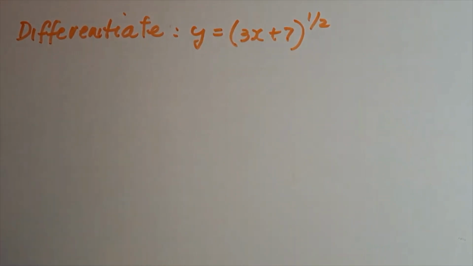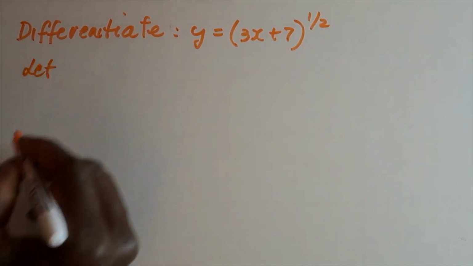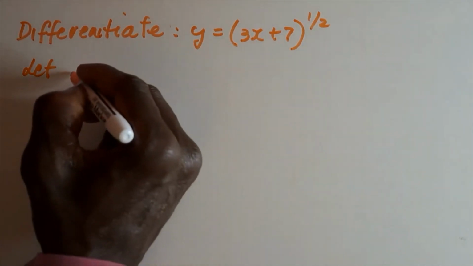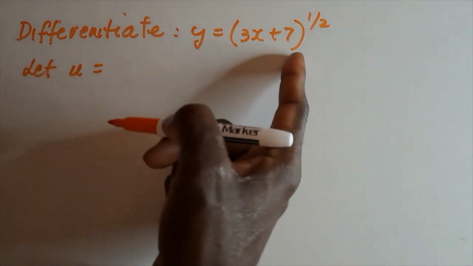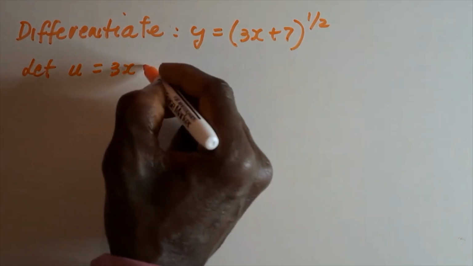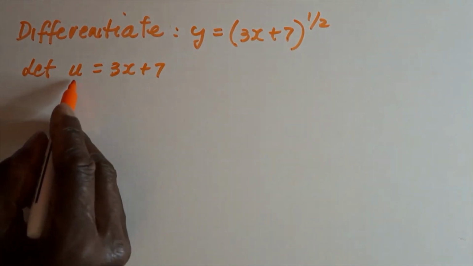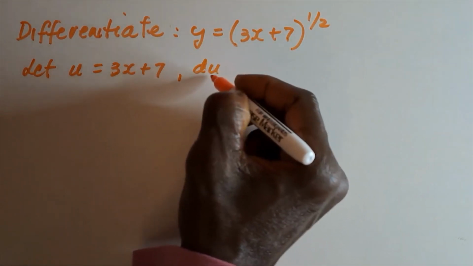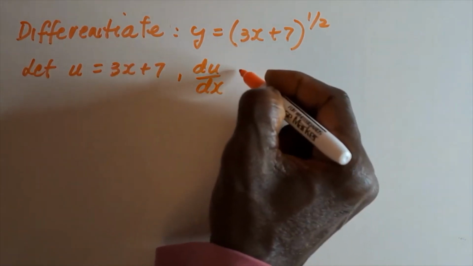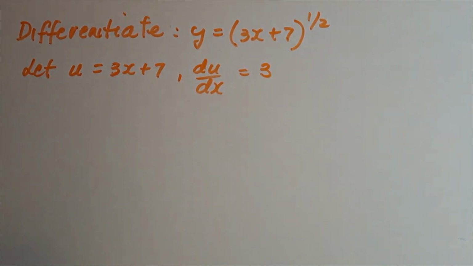This is a fairly straightforward one, but I urge you to get started by assigning variables like this. So let u equal what's in the brackets, which is 3x add 7. So if we find the du dx here, that will be equal to 3.